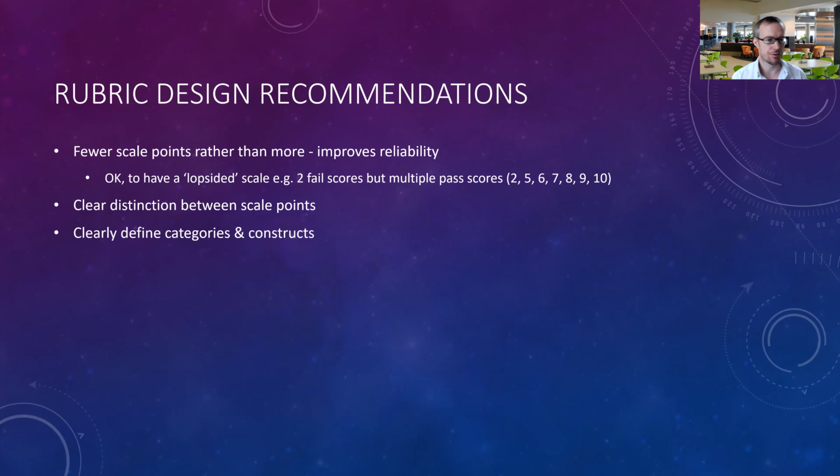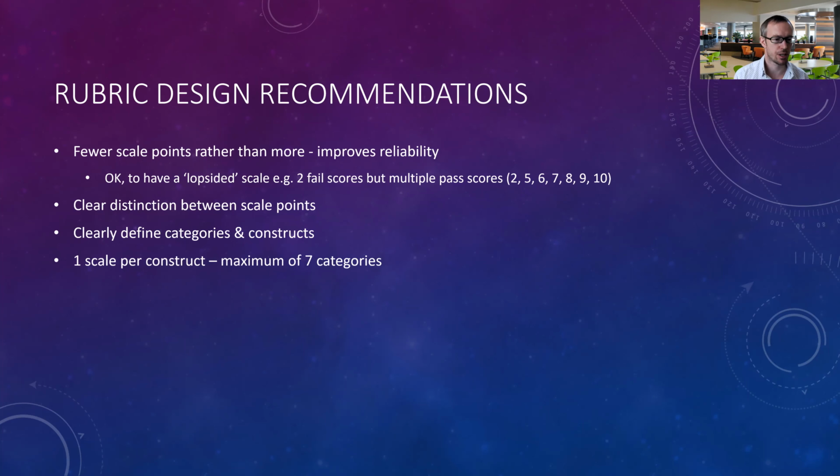Make sure you clearly define the categories and constructs. Don't conflate them together, and separate them out to the extent that that's possible. Often language features do cluster together, but do your best to separate them out and make that reflect what you've been teaching the learners on the course. So it should reflect what they've been focusing on.